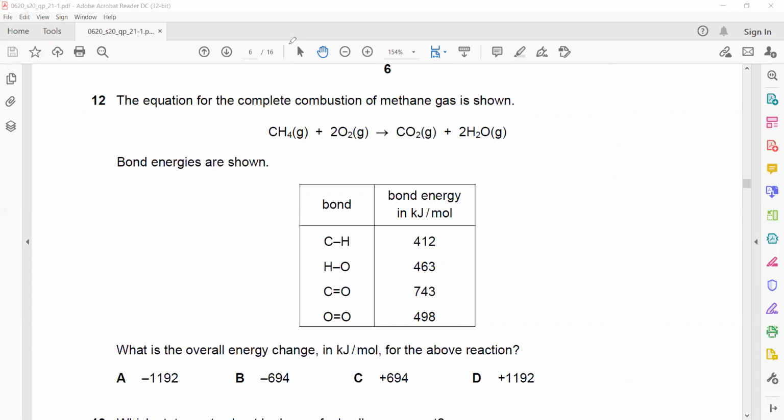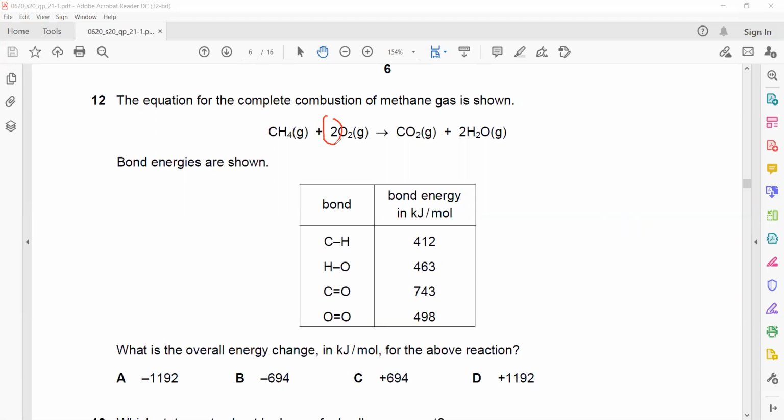In this question, we need an overall energy change. First thing, in the mock exam, some students made a small mistake. If it is written 2 here, they took 2 bonds.